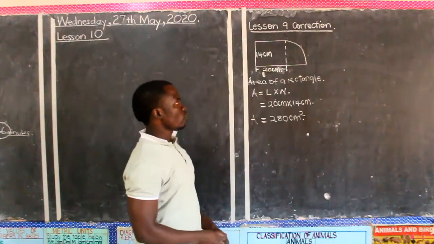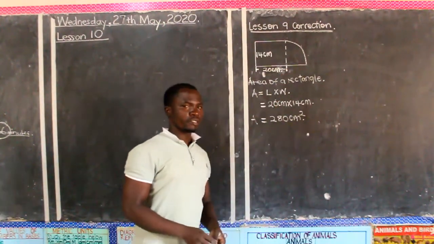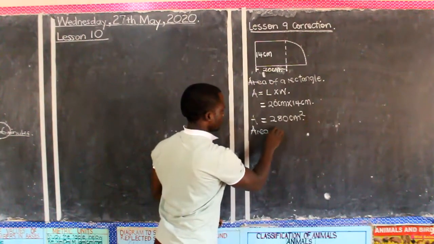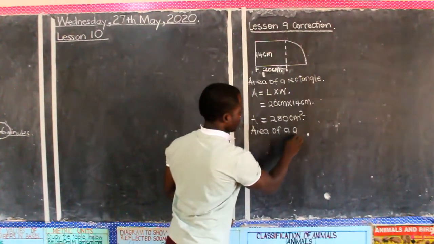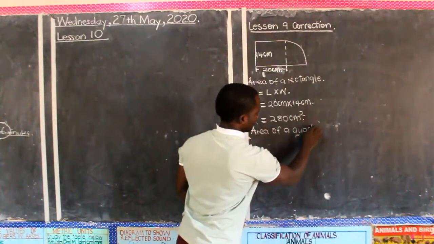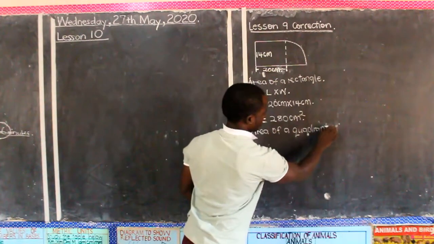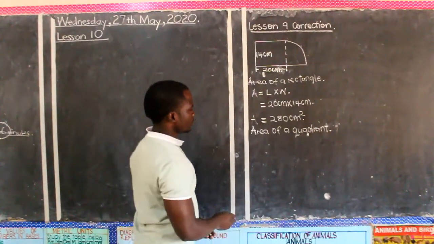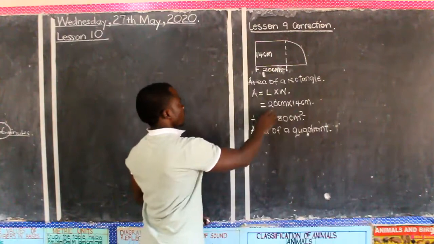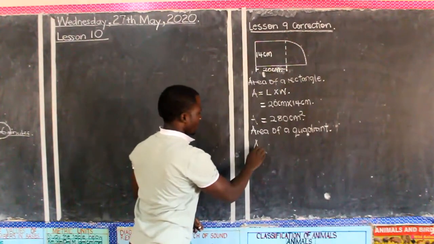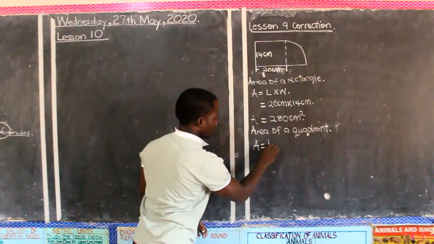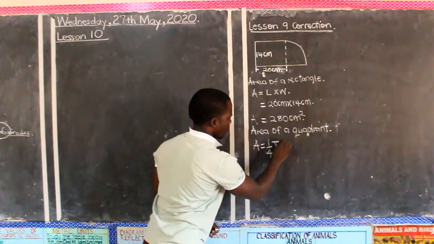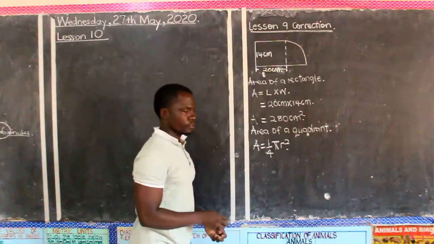Okay. Now we are going to find the area of the quadrant. Area of a quadrant. The area of a quadrant equals a quarter, 1 out of 4 pi r squared.